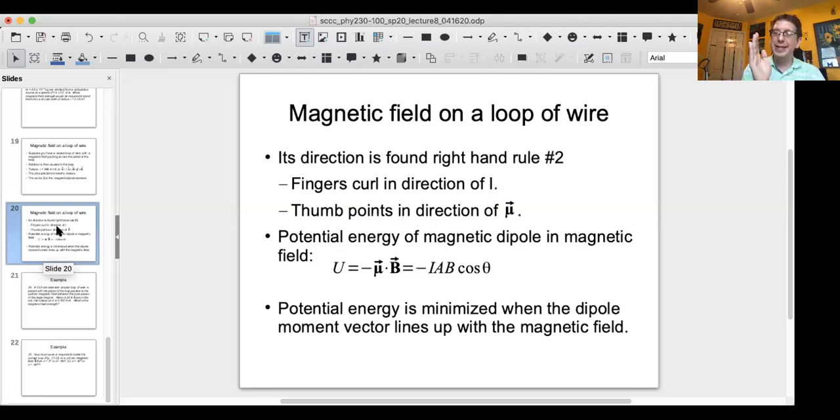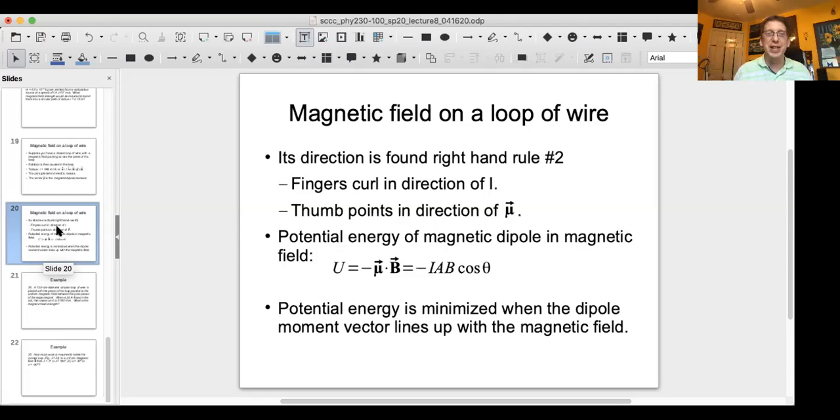And what happens is their dipole moments will wind up lining up with the magnetic field. And so this applies, at the macroscopic level with a loop of current, but also at the microscopic level if you have electrons. And so the potential energy is minimized, and a conservative force will act to minimize potential energy.